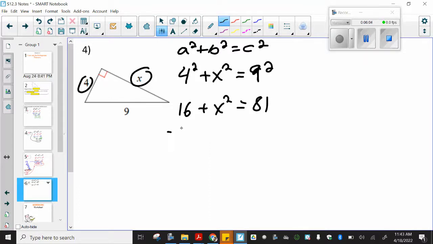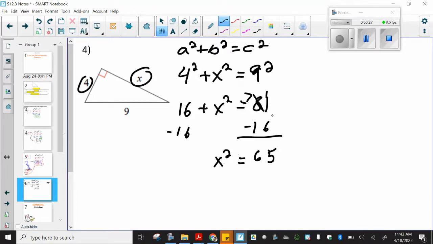I'm going to subtract 16 from both sides. x squared equals 81, let's see, 11 minus 6 is 5, 7 minus 1 is 6, 65.